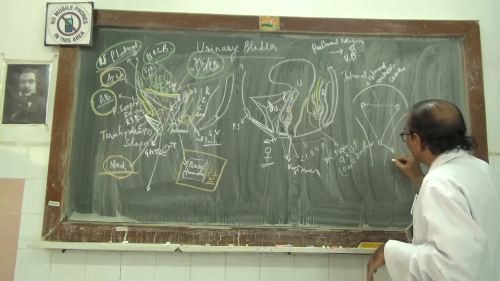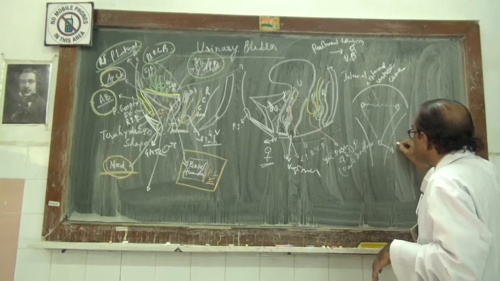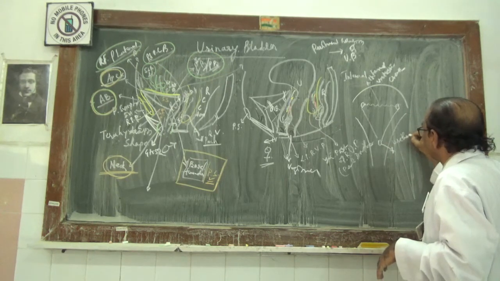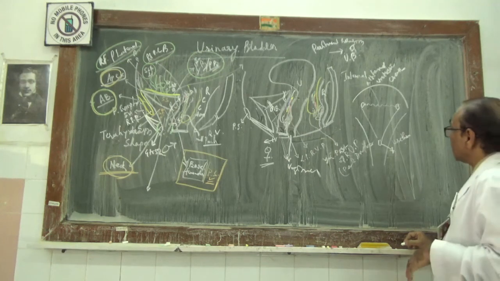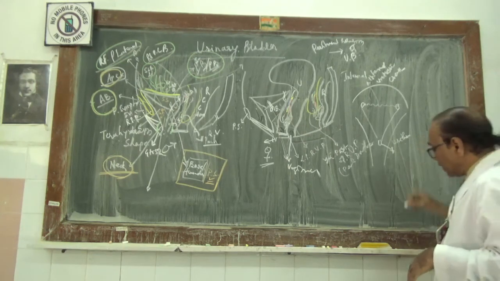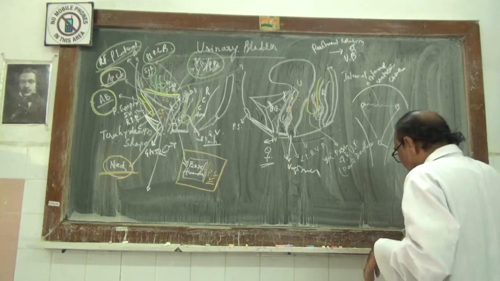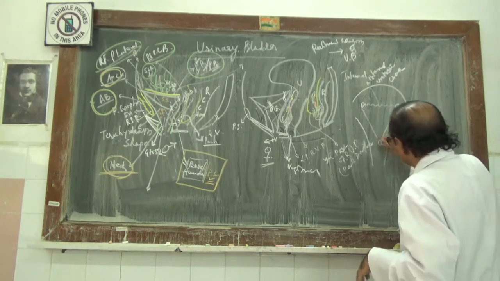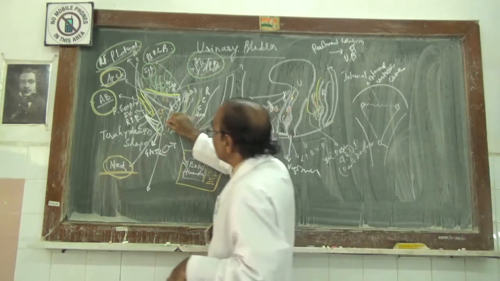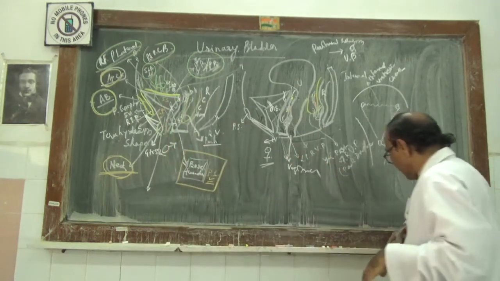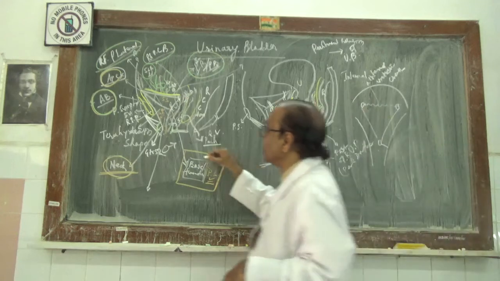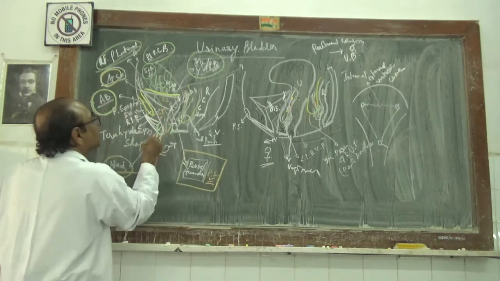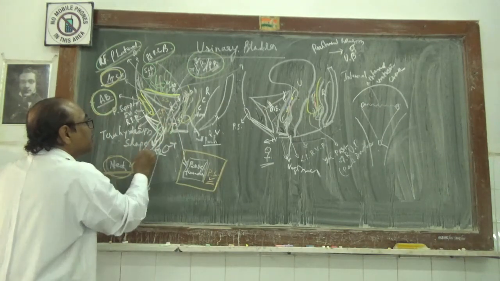This is the urethral orifice. This is the internal opening, so it will be continuing as the urethra. The neck will be continuing as the urethra.